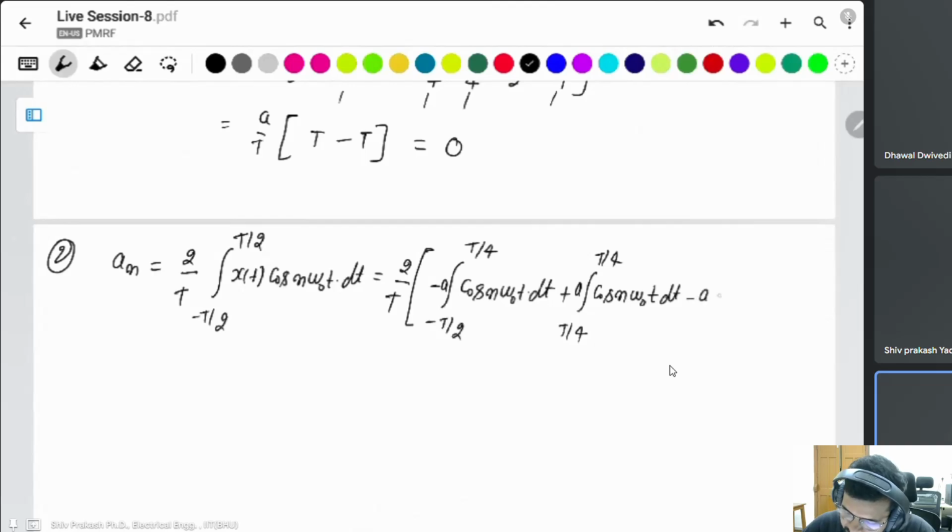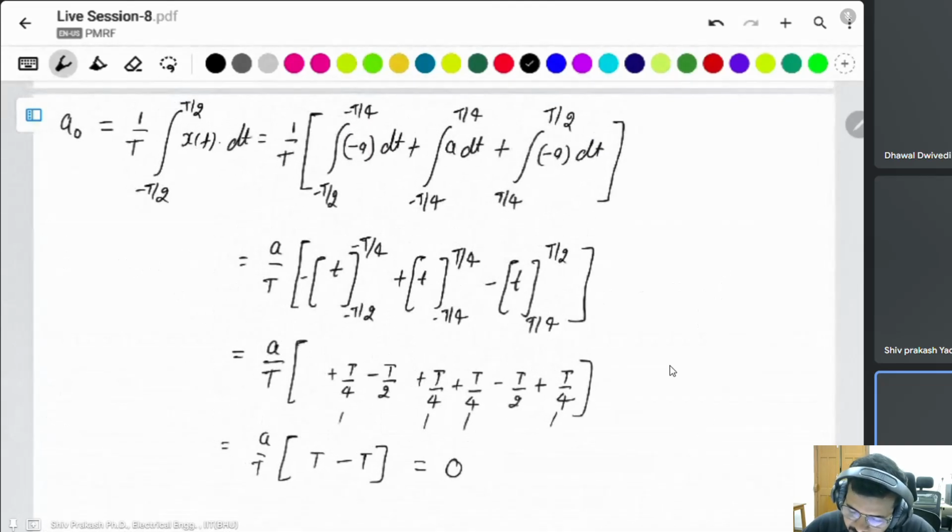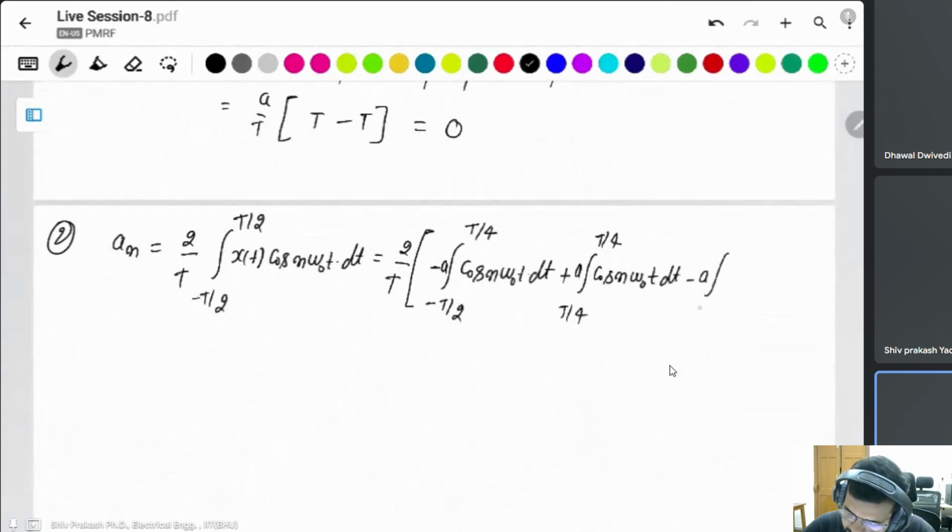Again negative is there. This will be T by 4 to T by 2. Oh, sorry, this will be negative to T by 2, cosine of n omega naught t.